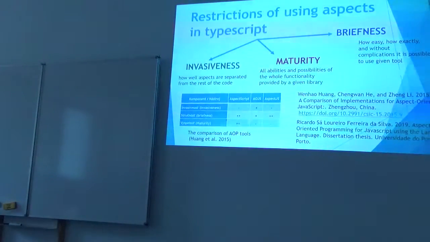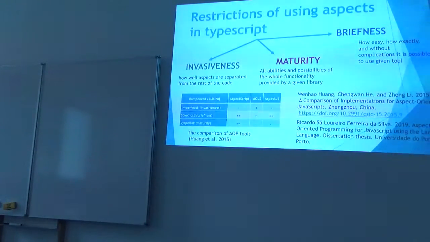Thank you. Okay, thanks. The second one is briefness. It expresses how easily and exactly and without complications it is possible to use a given method. For example, as you saw, writing pointcuts in AspectJ, they are twice as long. Some repeating parameters are there when we specify what should be done during execution, and some arguments which should be used in our around methods and so on.